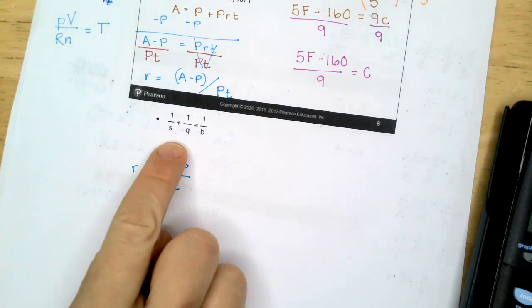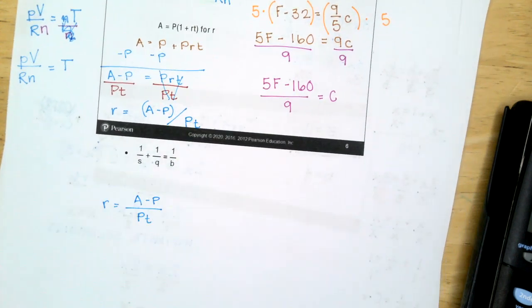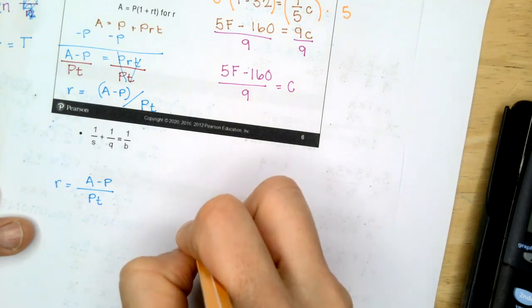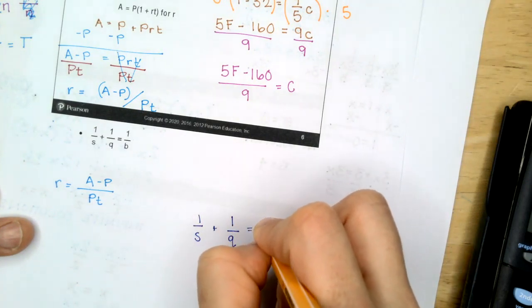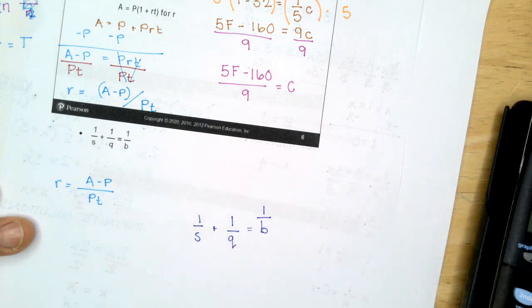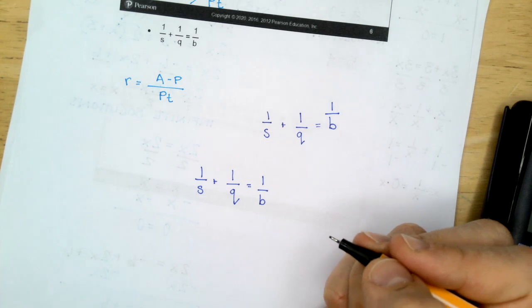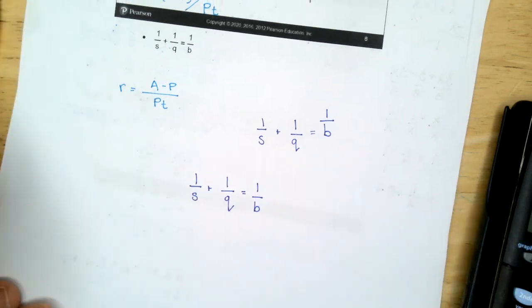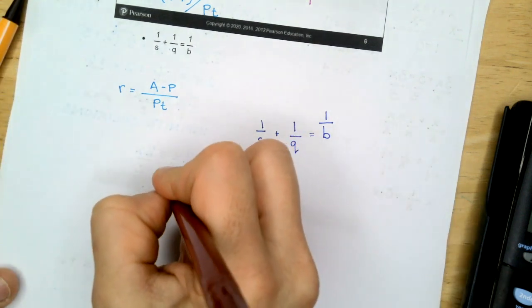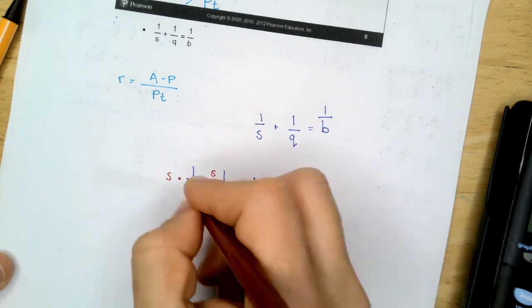Good? Here, just a note, okay? All of your variables are in the denominator. Oops, 1 over b. 1 second. No matter what they were asking me to solve this for, I would get them out of the denominator first. Okay, so I want this one gone, so I'm going to multiply everything by s. Right?